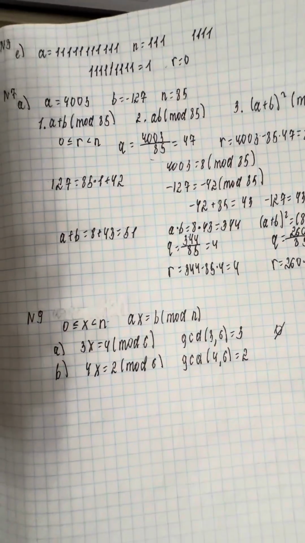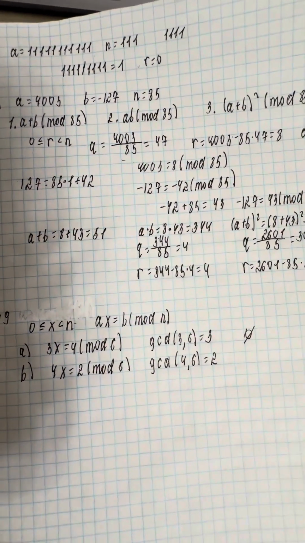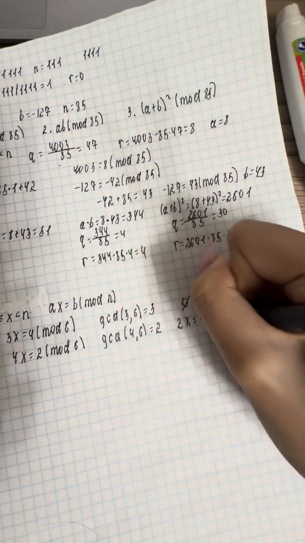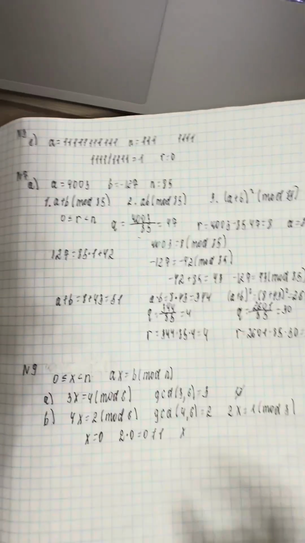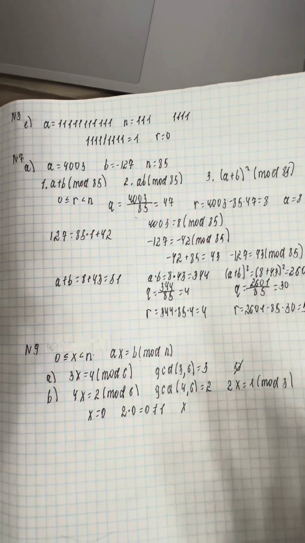We divide the equation by 2, and it becomes 2x is congruent to 1 modulo 3. Now we test the values of x between 0 and 2.